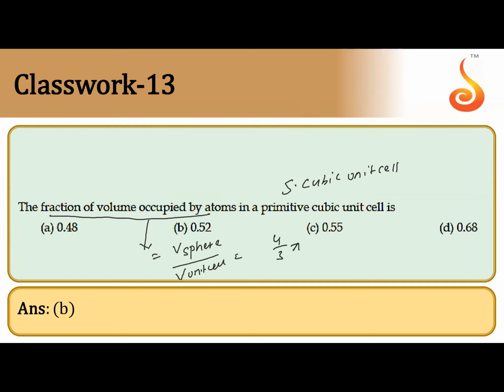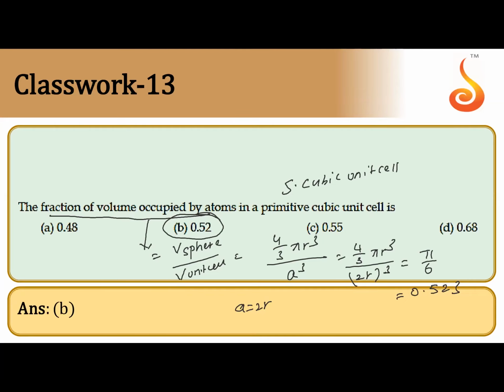So 4 by 3 pi r cube divided by unit cell, which is a cube. All of you know a is equal to 2r. You substitute 4 by 3 pi r cube by 2r whole cube. Calculate this value. You will get pi by 6. That is equal to 0.523. So 0.523 means option B is the correct answer.